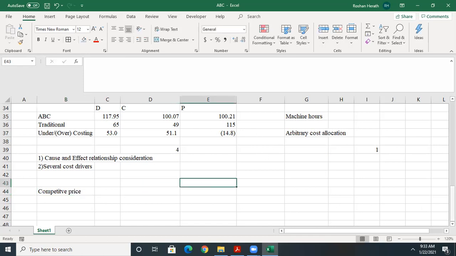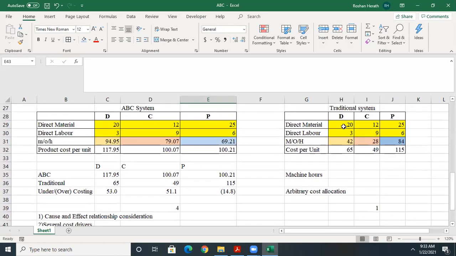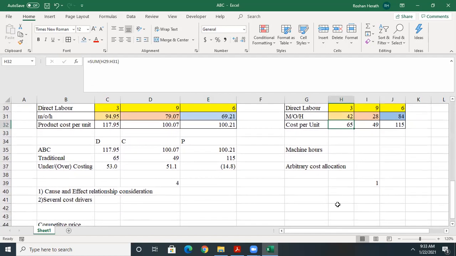traditional costing system. Under the traditional costing system, when it comes to pricing products D and C, you can see the cost is 65. So you may be pricing them, say you are trying to keep a margin of 50%.